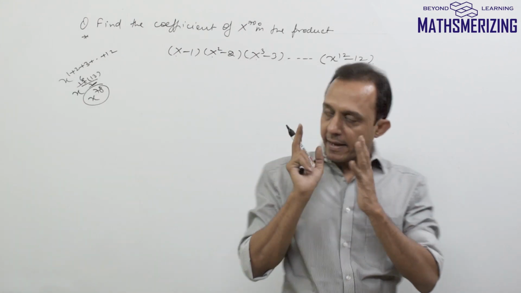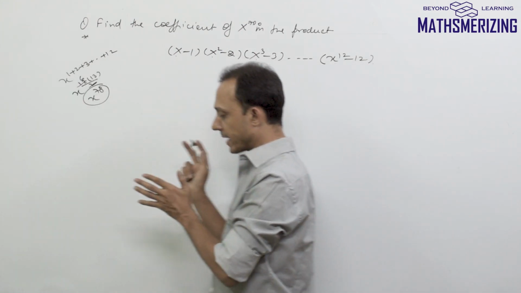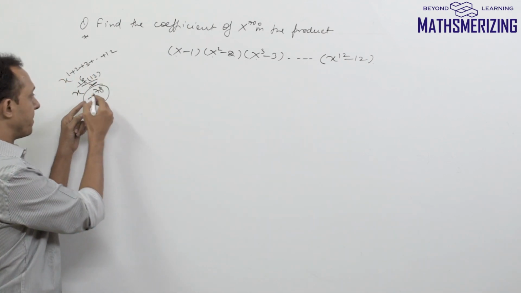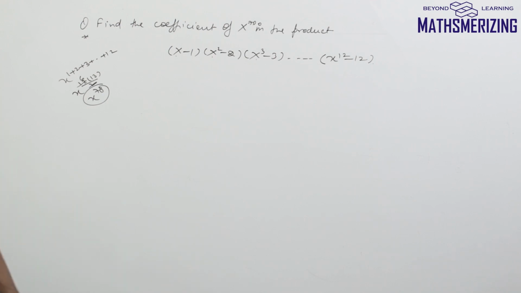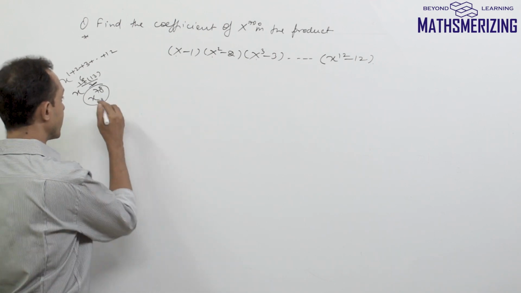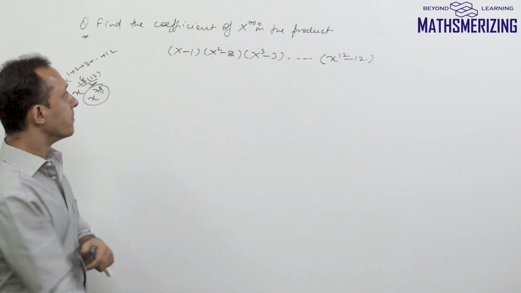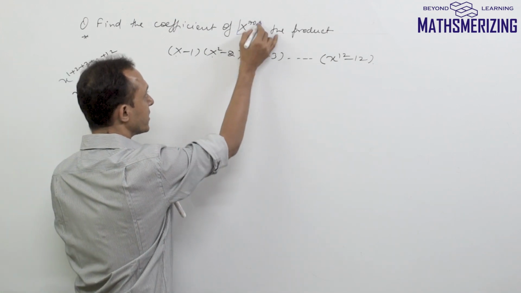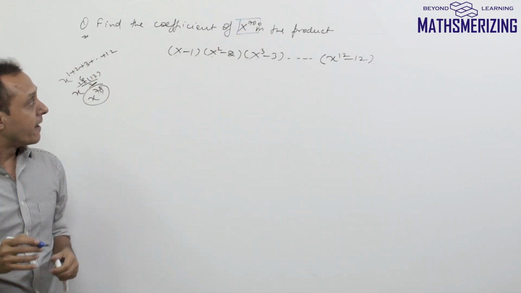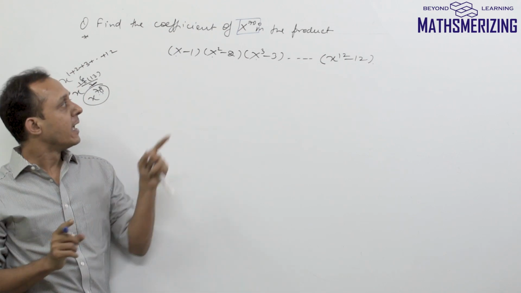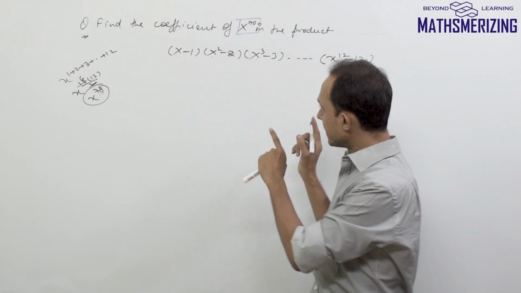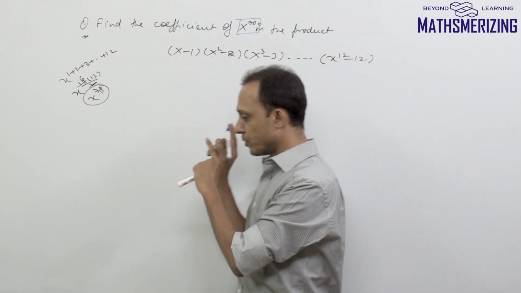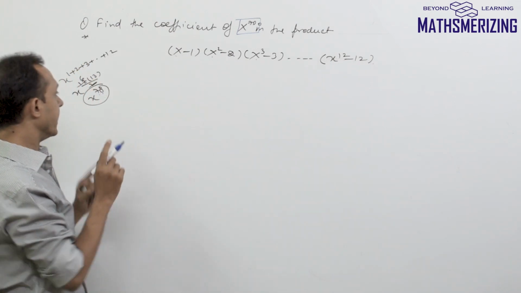So when each of the x from each of the factors, or each of the brackets, gets multiplied, then I'll get the power of x as 78. But in this question, I'm not supposed to find the coefficient of x^78 because that will be simply 1. I'm supposed to find the coefficient of x^70. So if I had to find the coefficient of x^70, then I have to multiply these x's in such a way that I get the sum of powers as 70, not 78.